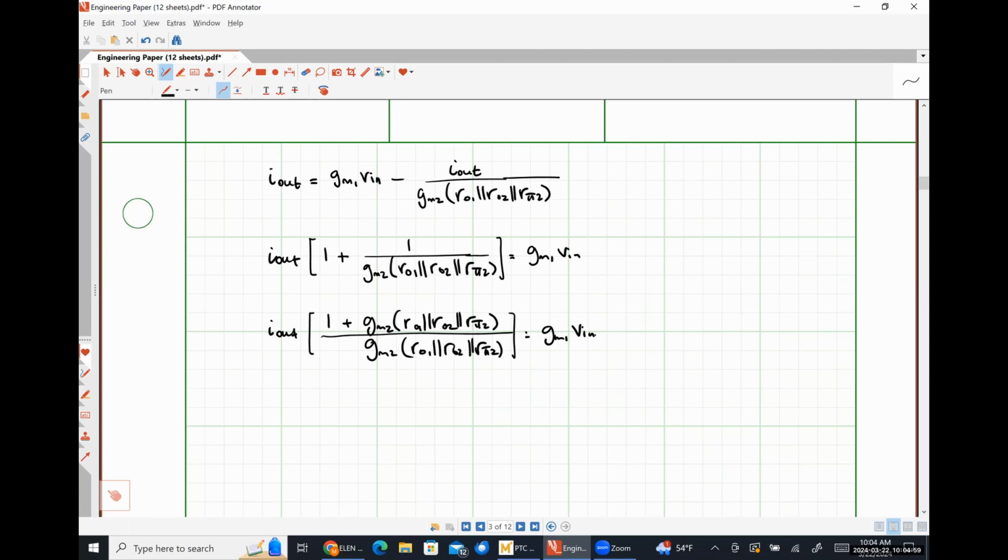is equal to GM1 times Vn. And from this, my short circuit transconductance I out over Vn is just GM1 times the reciprocal of that thing.